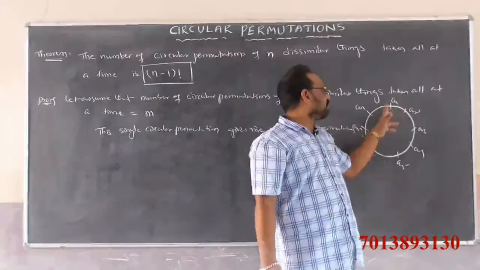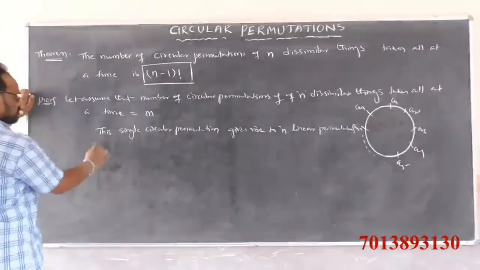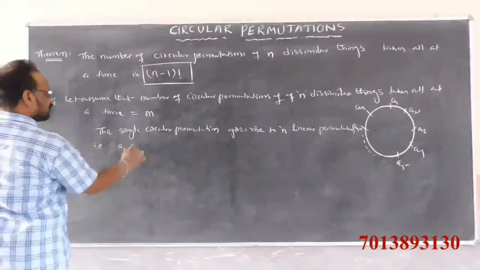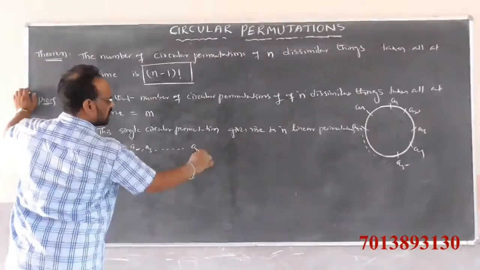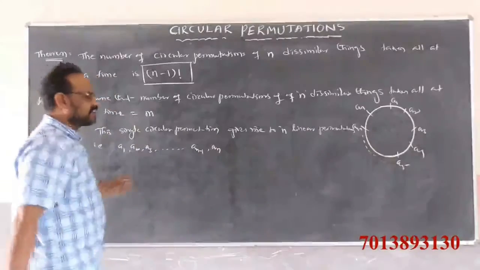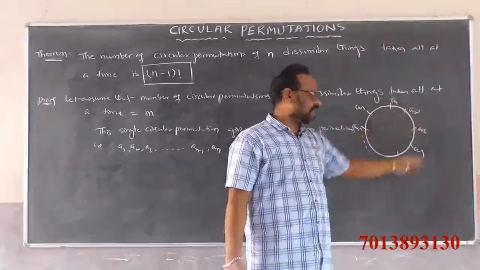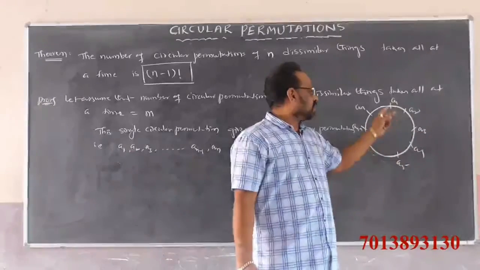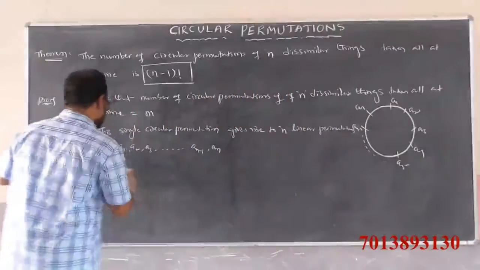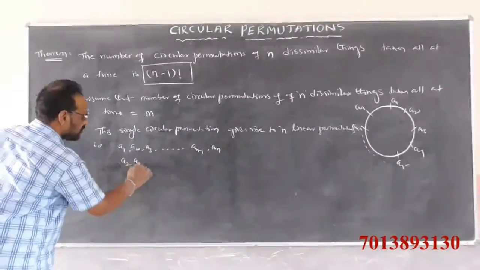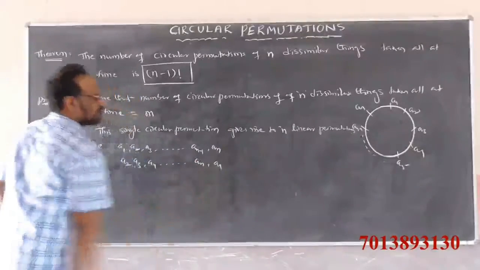Why? Because if you cut this chain, we get A1, A2, A3, and so on, An minus 1, An, one linear permutation. If you disconnect the circle here, we get another linear permutation: A2, A3, A4 and so on, An, A1.